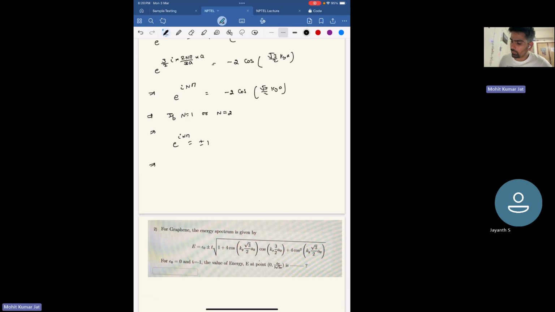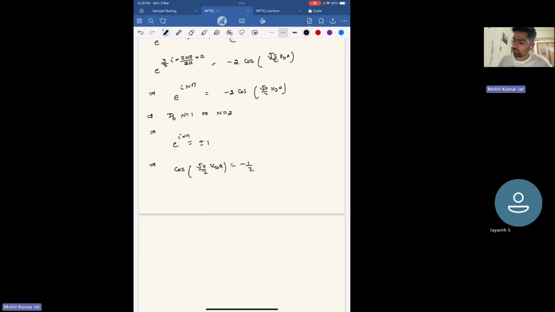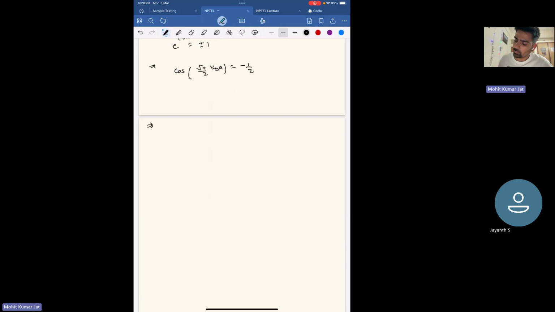Right? That tells me that cosine of root 3 by 2 k by a equals minus half. Let me solve it for this one first. If I do it, root 3 by 2 k by a equals 2 pi by 3 basically, not the 4 pi by 3. This implies ky is 4 pi by 3 root 3a.